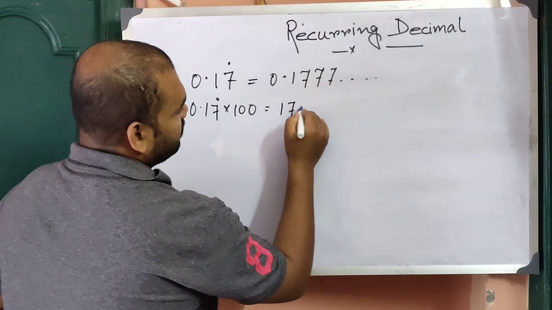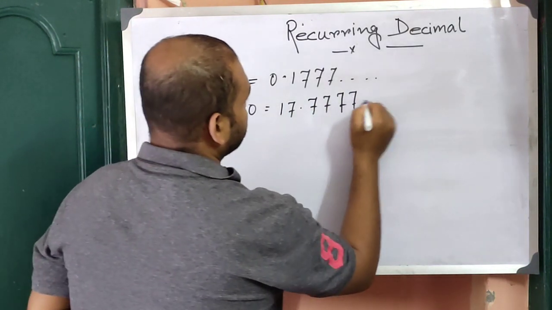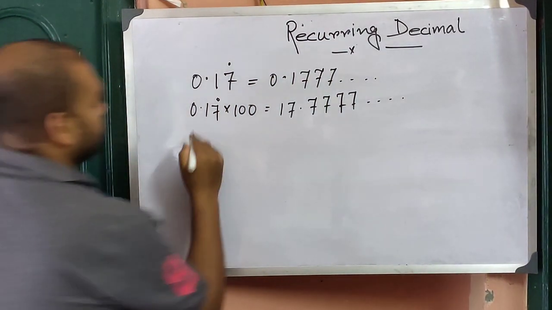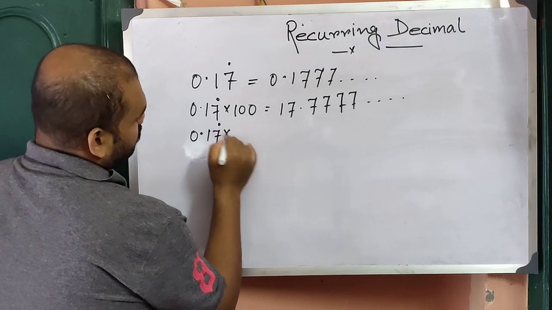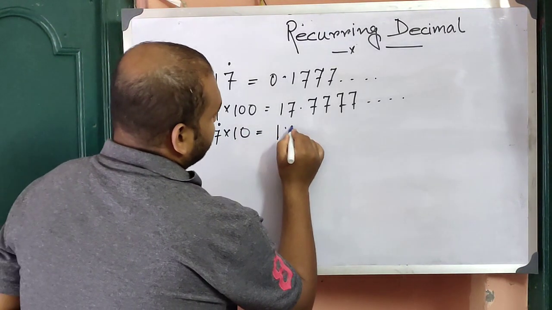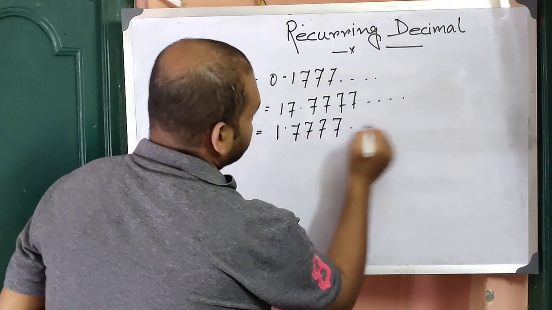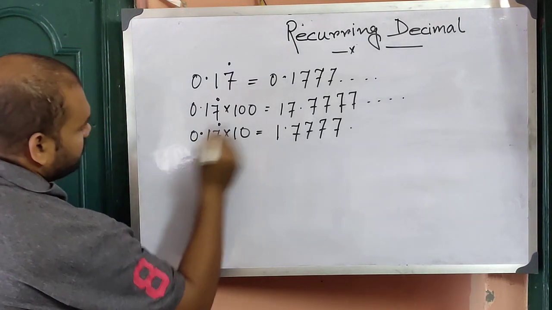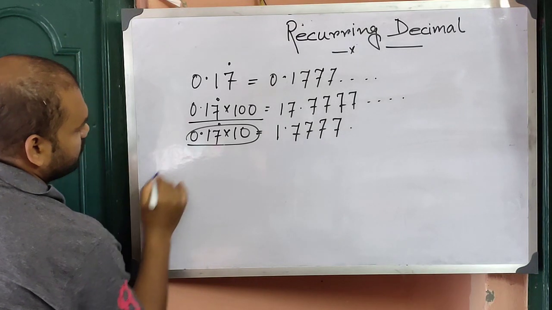Now think, 0.17 recurring into 10 will give you 1.7777 and so on.